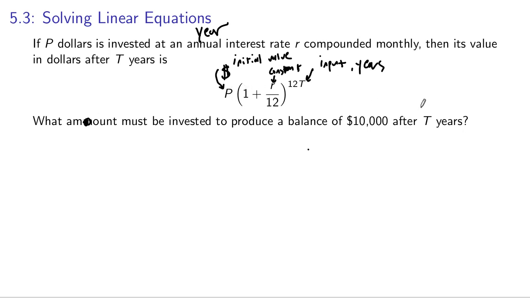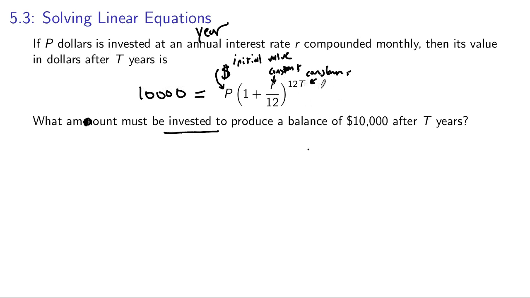So if T were 10, we would write the value of 10 up here in this exponent, okay? So there's two constants. There's T and there's R. Because what we want to find is P, the amount that we need to invest. Okay? So we want to know how much do we need to invest to get out $10,000 at the end of these T years.